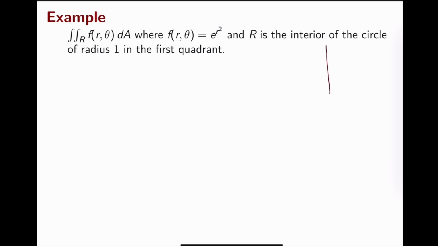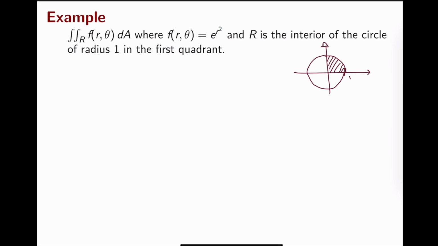Let's put the Cartesian coordinates for reference, and this is a circle of radius 1. We are going to consider the interior of it, but only in the first quadrant. So the region of integration is this one here.